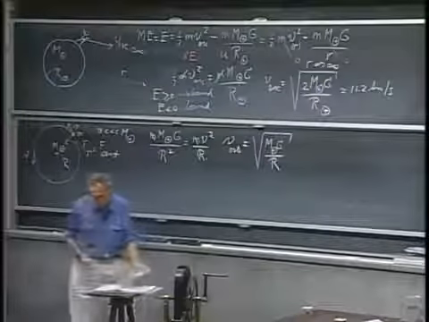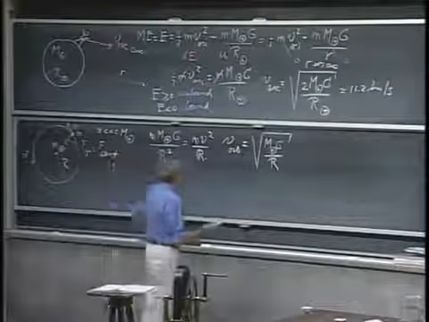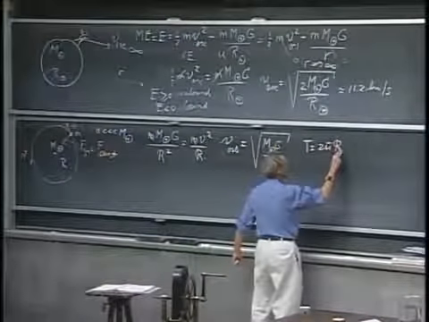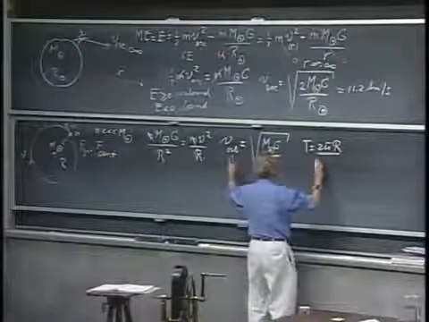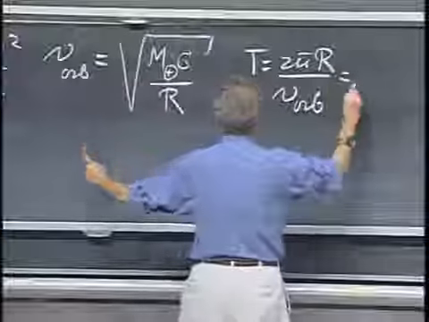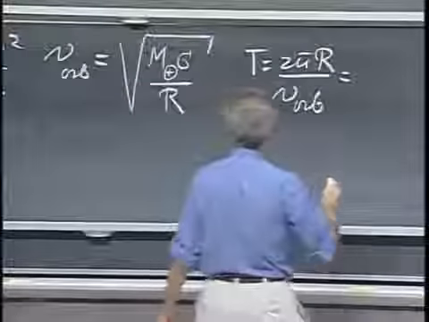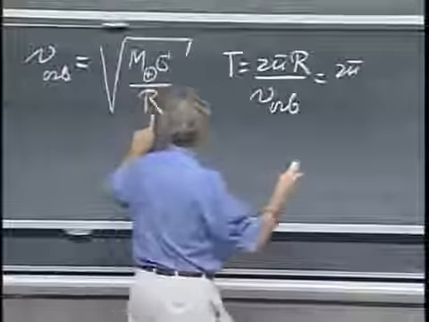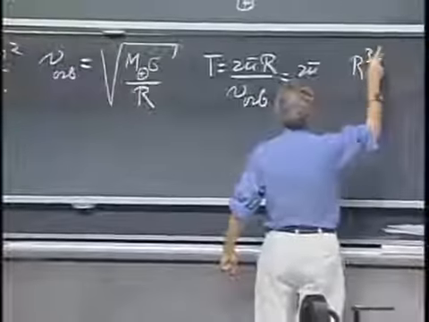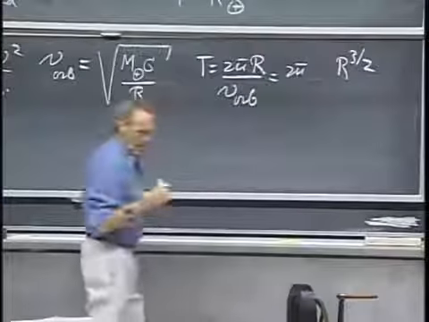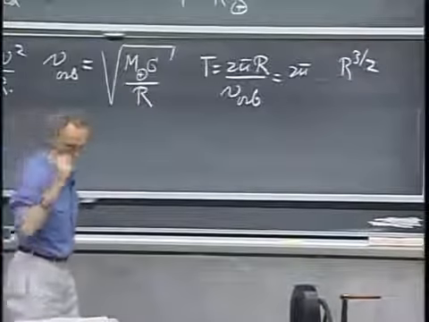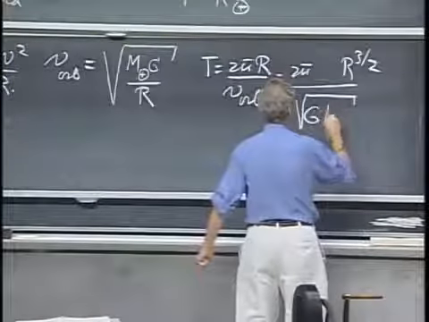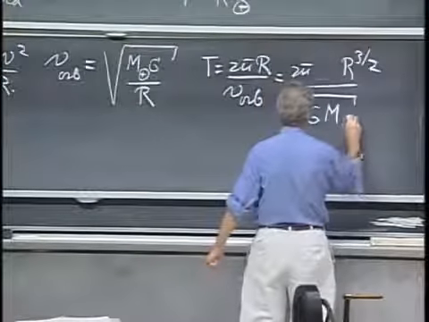And so the period of going around in the orbit, T, equals 2 pi r divided by the orbital speed. And when you do that, you get 2 pi r to the power 3/2, and you have downstairs the square root of G M Earth.